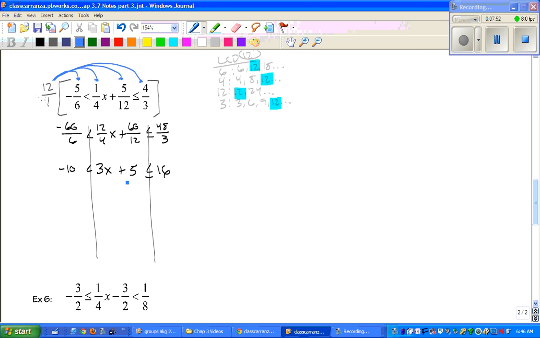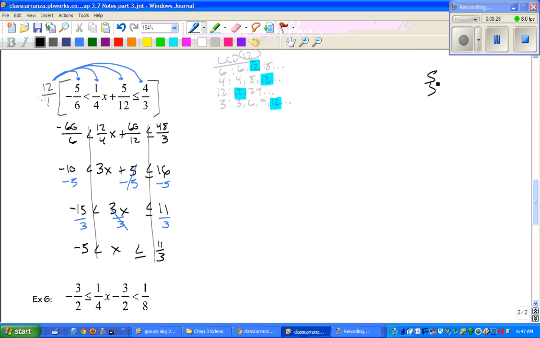And now it's just like all the other problems where we want to solve for x. Okay, and we get negative 15 less than 3x, which is less than or equal to 11. Divide everything by 3, and we get negative 5 is less than x, which is less than or equal to 11 over 3.